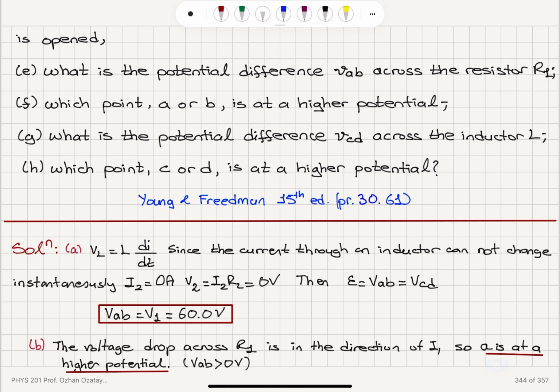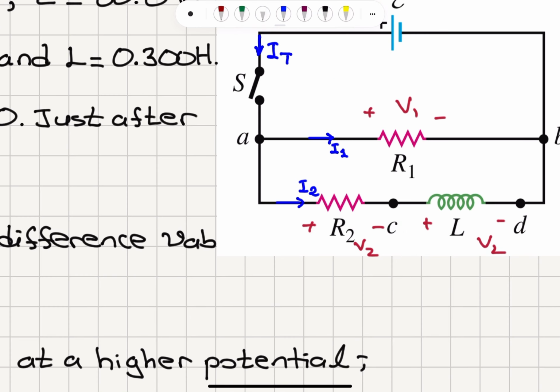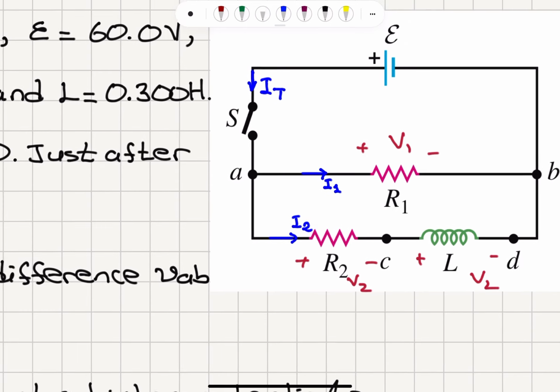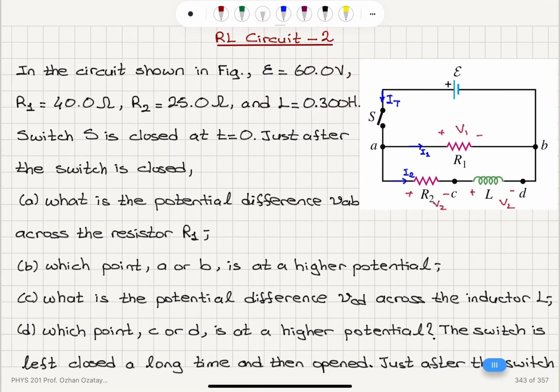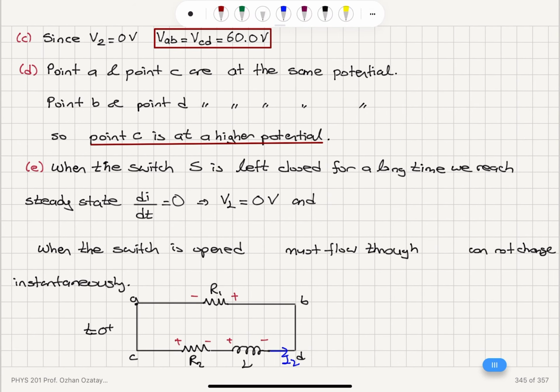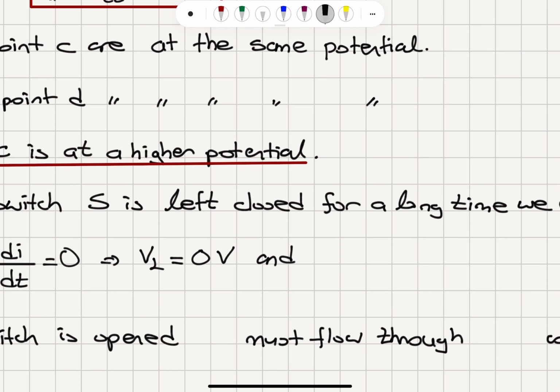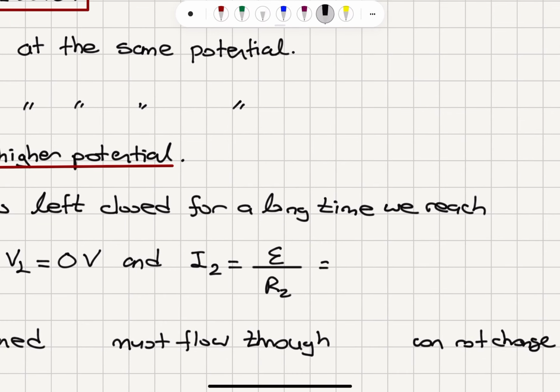Since there is no voltage drop across the inductor, the current I2 at steady state will be epsilon divided by R2, just before the switch is reopened. Epsilon was 60 volts, R2 is 25 ohms, so it is 2.4 amperes.